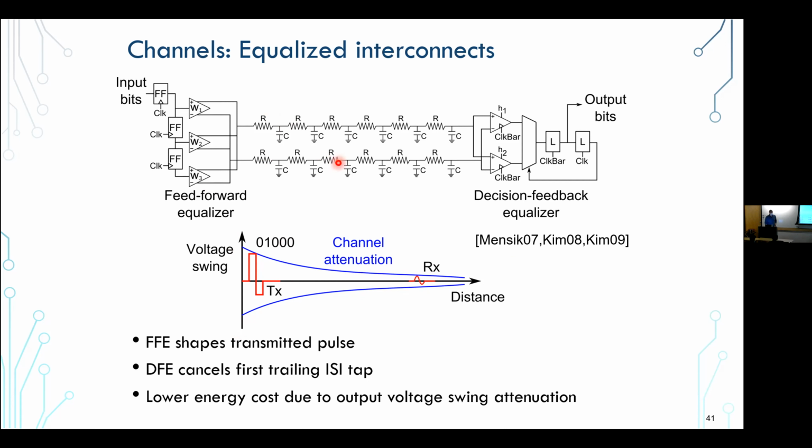So they brought in equalization techniques from high-speed chip-to-chip links to make a simple high-pass filter here: instead of sending a single bit, I send something and then a negative voltage value following, and that cancels out the low pass filtering effect of the channel. And then maybe I added a little bit of decision feedback equalization that cancels the tail based on the value of the previous bit.